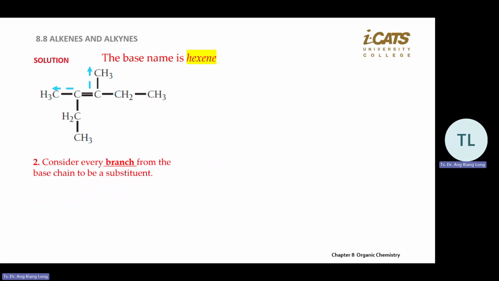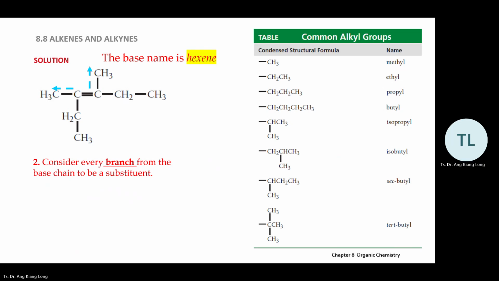And then you count the branches. CH3, CH2 and CH3. So basically it's methyl and ethyl, right? So this one is this one. If you flip the CH2 to the other side, it's CH2 and CH3, this one.